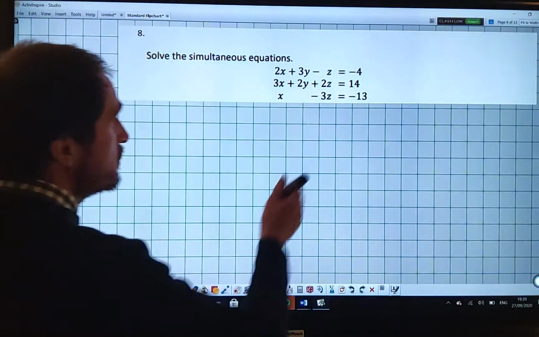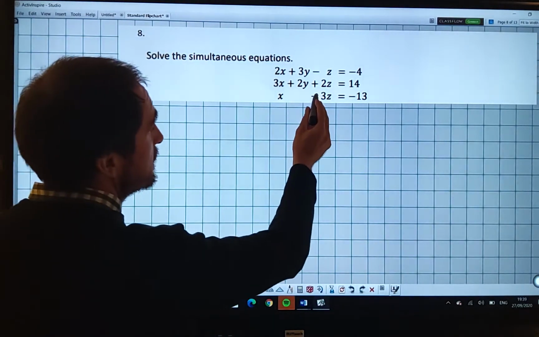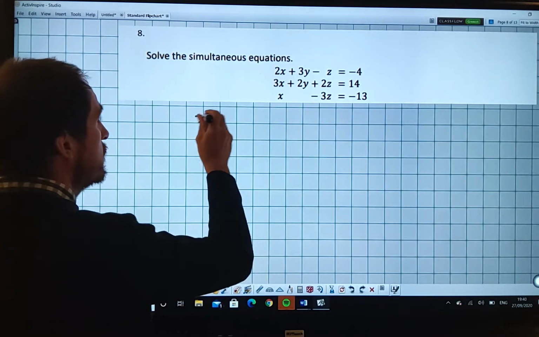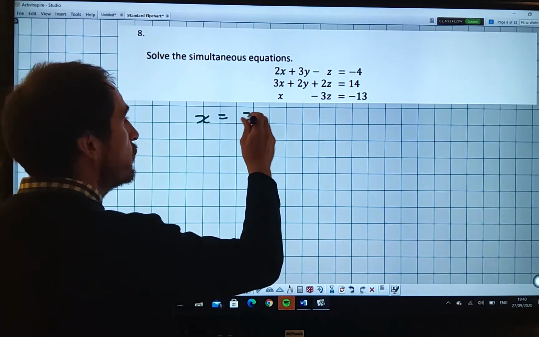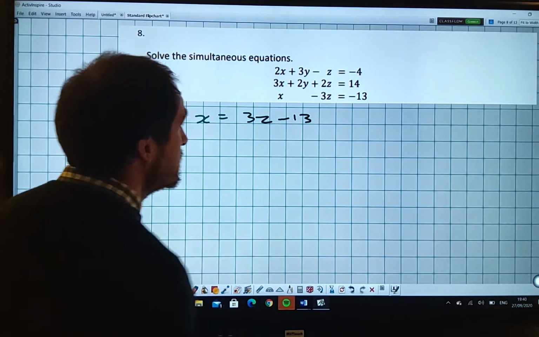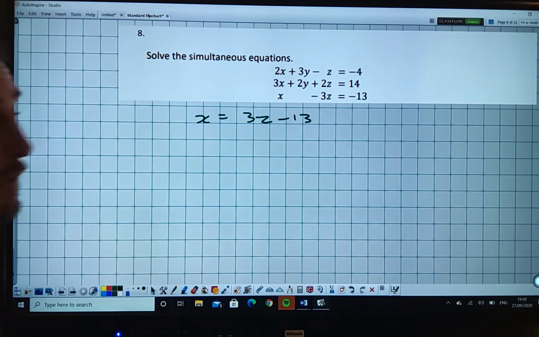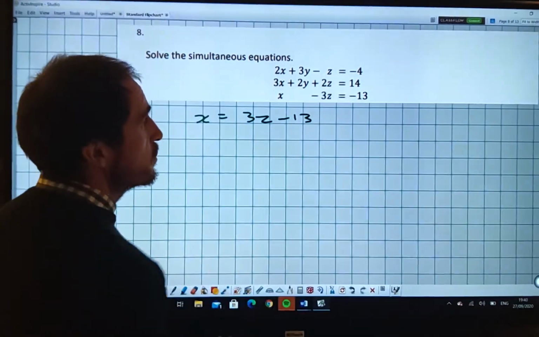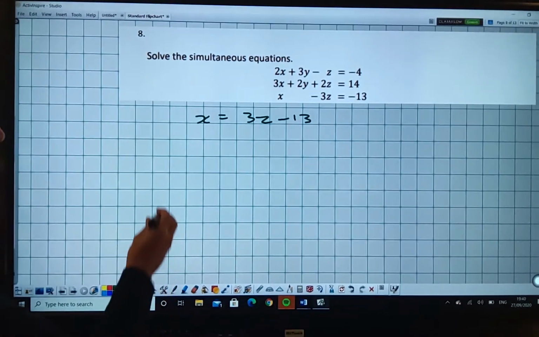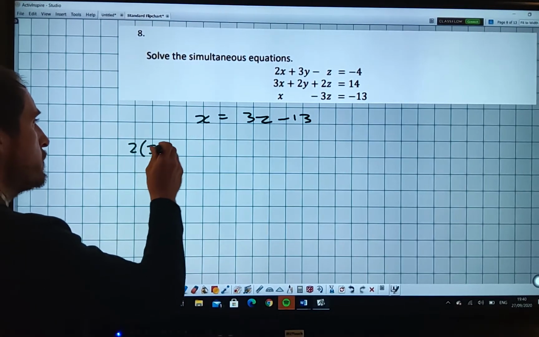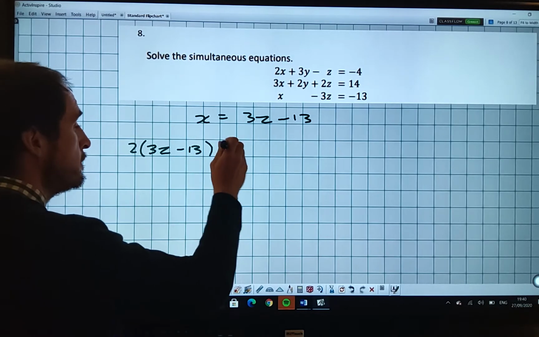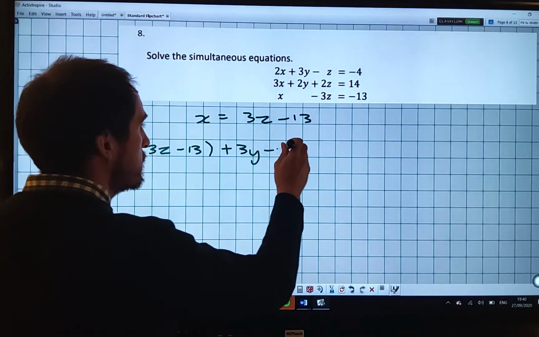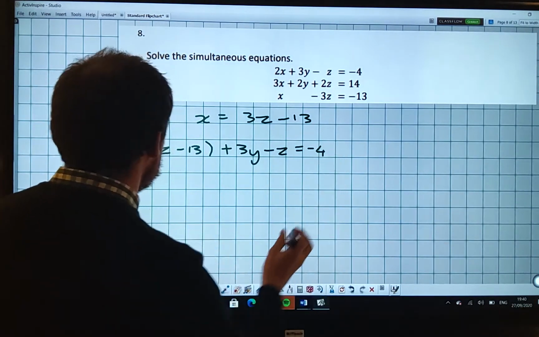So we have our 3 equations. We start off and we write as follows. So x is equal to 3z minus 13. Now that makes things very easy, because instead of x, I can put in 3z minus 13 in these 2 equations. So 2 times 3z minus 13 plus 3y minus z is equal to minus 4.